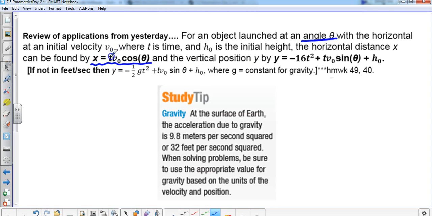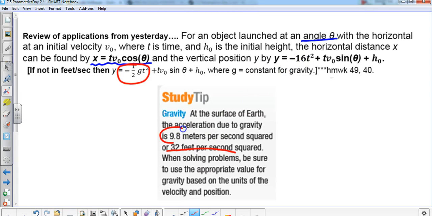We have x equals t times initial velocity times the cosine of the angle, and y equals, and the y is actually equal to this, guys. It's -1/2 gt squared. As long as we are in feet per second, when you put a 32 in here, you get -16.